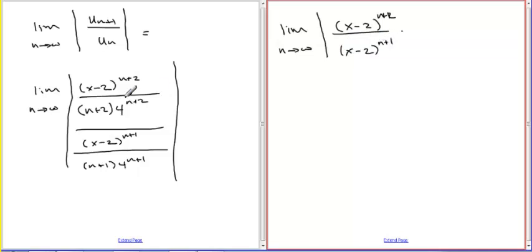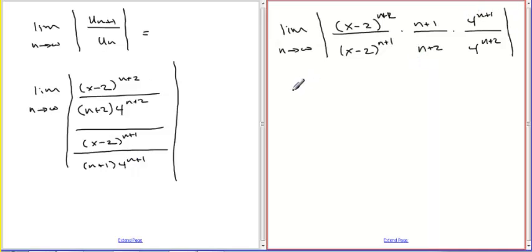Okay, so we got that, divided by that, and then this is in the denominator to start with of the top fraction. So the numerator is going to be this corresponding term. And then we have 4 to the n plus 2 here, and then this is going to go up, so we get 4 to the n plus 1.